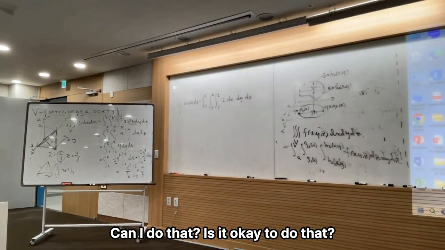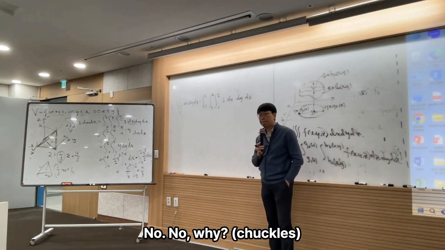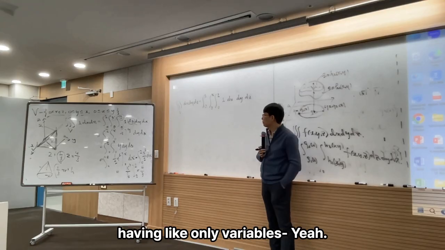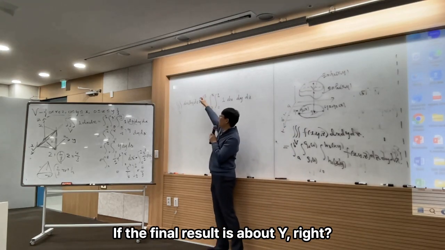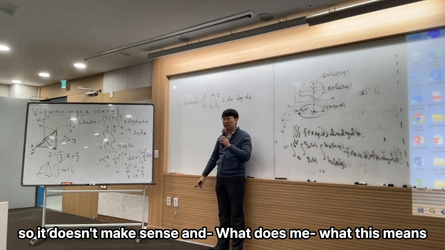Can I do that? Is it okay to do that? No, why? Then we ended up having our own variables, and the final result is about y, right? Well, we want to get a number, so it doesn't make sense.